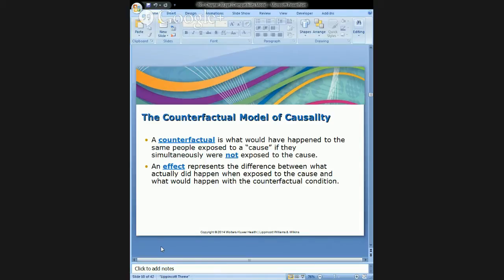Now we need to ask ourselves, would their opinions change if they didn't see that newscast? So did the newscast really cause the outcome? Was it really related to the outcome? Or did those 100 people believe what they believed regardless of what they saw on the news?